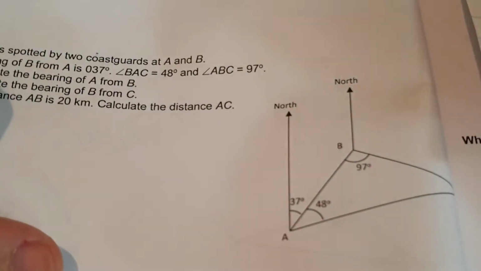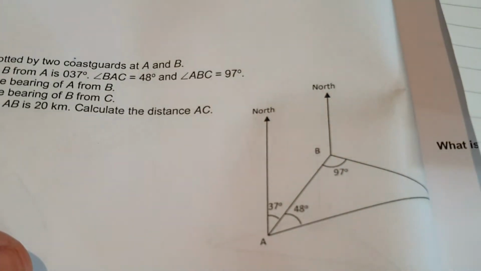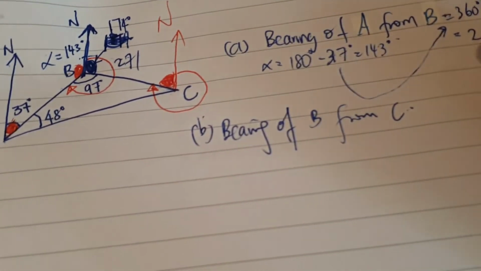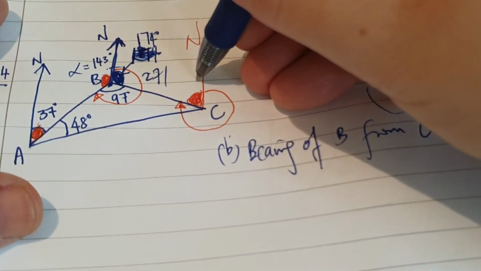The diagram is not drawn to scale but it's more than 90, so it can be 174. If this part here is 174, then this must be 6.